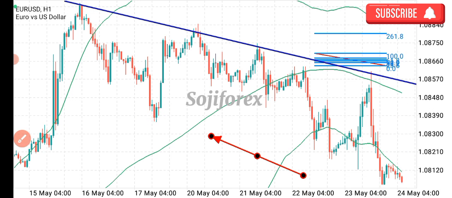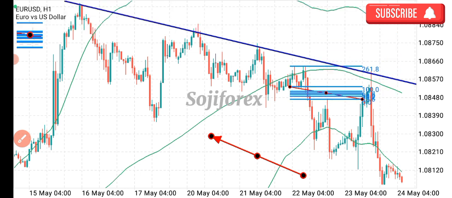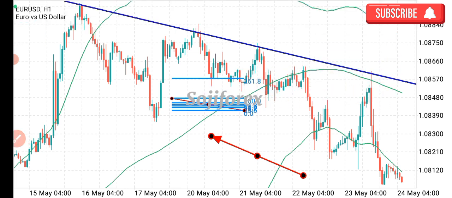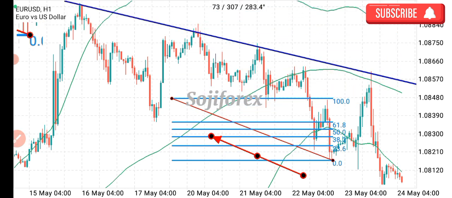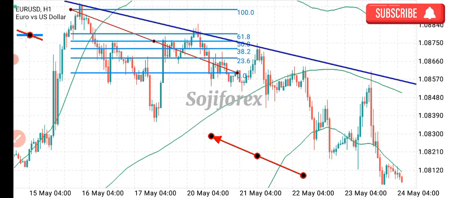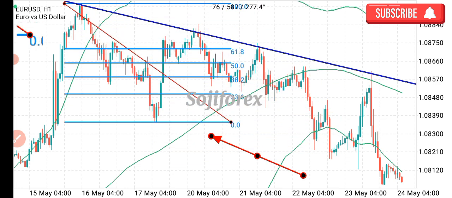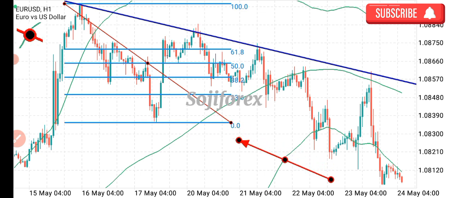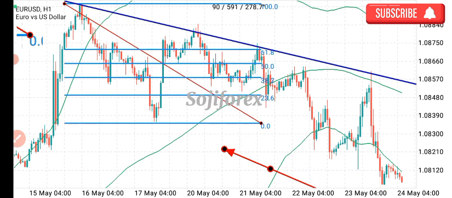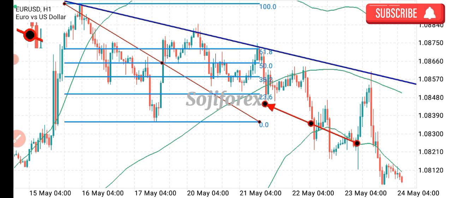After we have done that, we pick our Fibonacci retracement tool and place it at that range. So this is the range, and you can see what happened.